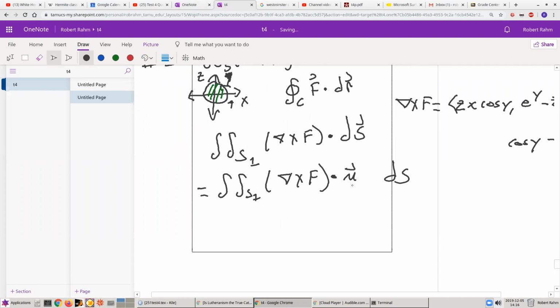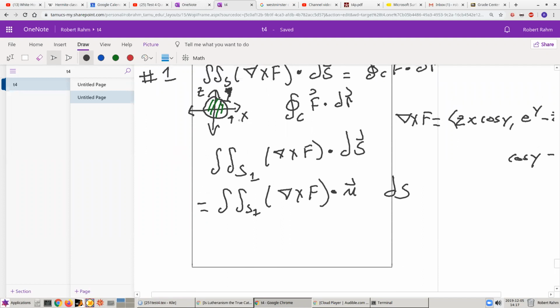Here, n is the normal vector that is consistent with the orientation on this circle. It's the normal vector that points away from this surface and is perpendicular to the zx plane, so that's just the vector 0, 1, 0. If you don't understand why, take a moment to think about it.